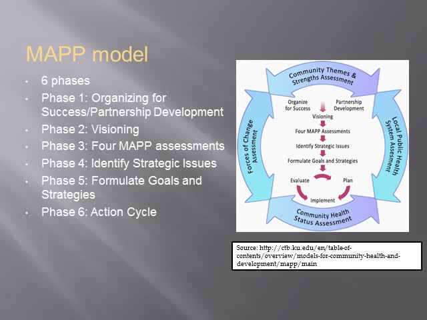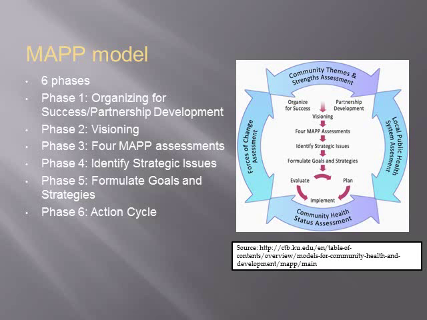These assessments are the community themes and strengths assessment, which judges the community's opinion of the program and its direction, the local public health assessment, which gauges how encompassing the local health department is, the community health status assessment, and the forces of change assessment, which takes into account whether legislation, technology, or other social forces will affect the diffusion of the program into the community.